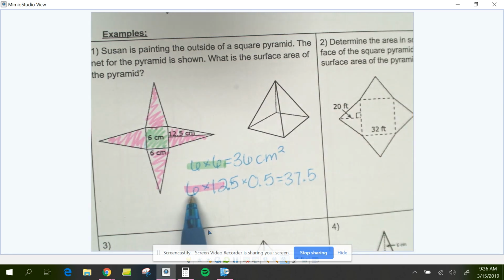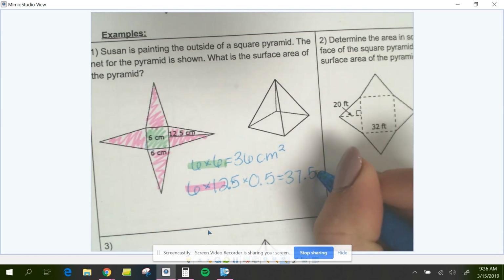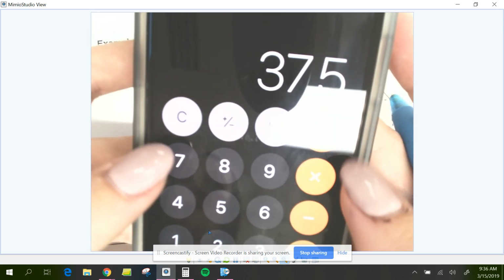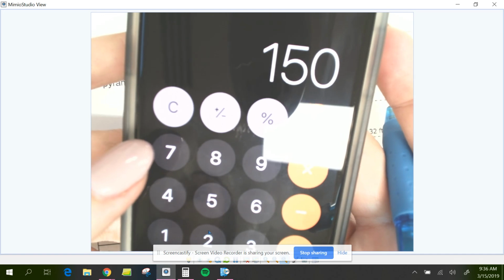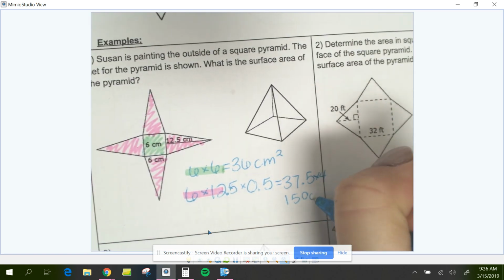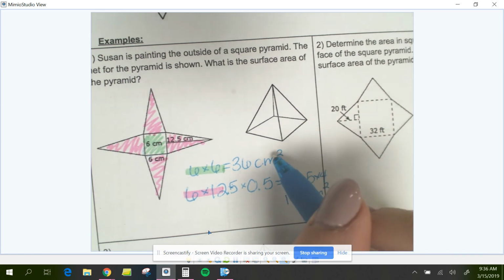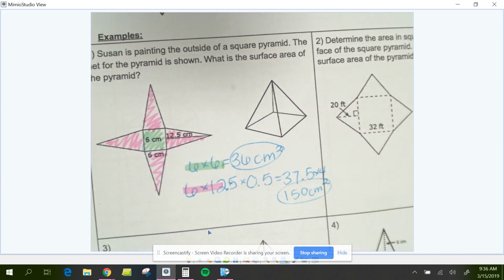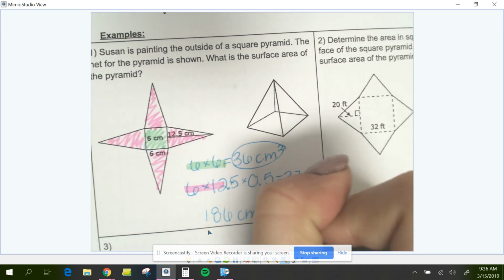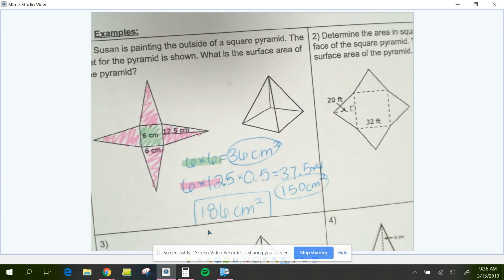But I don't just have one pink triangle, I have 4 of them. So I need to do times 4. So 37.5 times 4 gives me 150 centimeters squared. So I add up these two values, which gives me 186 centimeters squared total as the surface area.